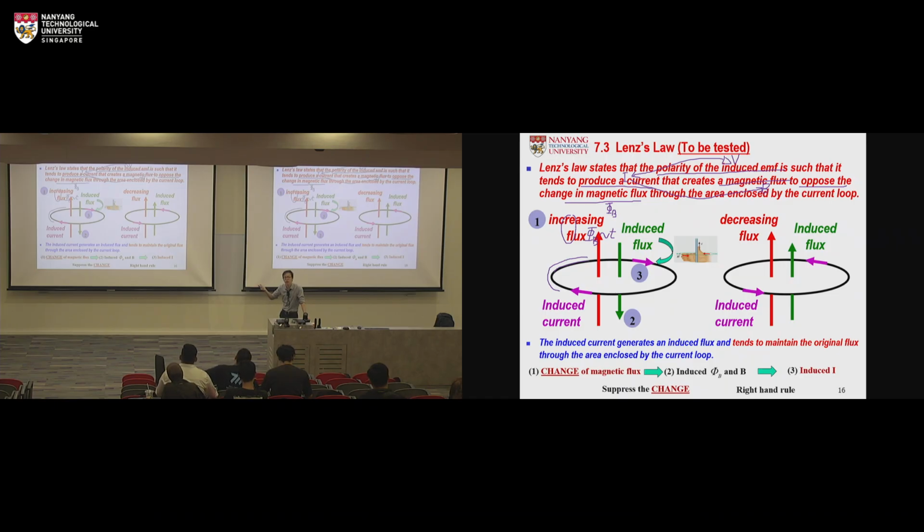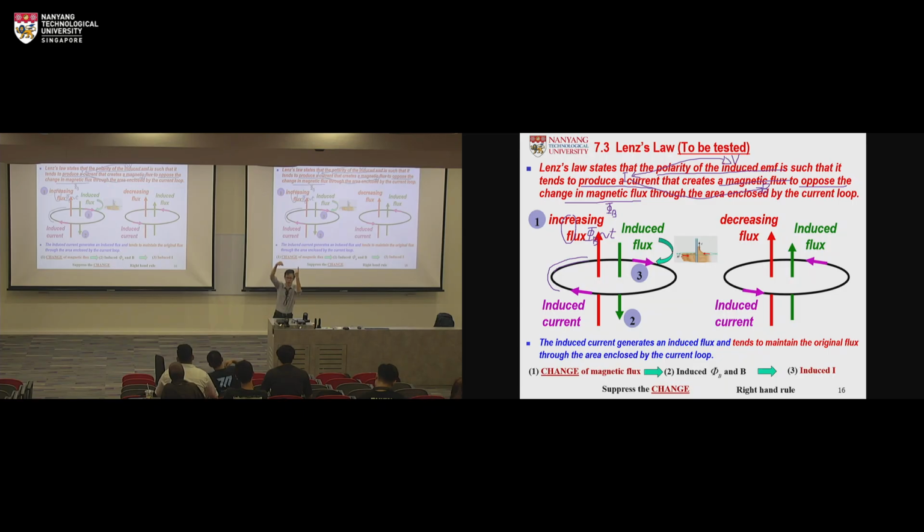Or another way to say, the induced flux always try to maintain the initial flux. Like in this case, if the initial flux is increase along this direction, so how can you maintain the initial flux?